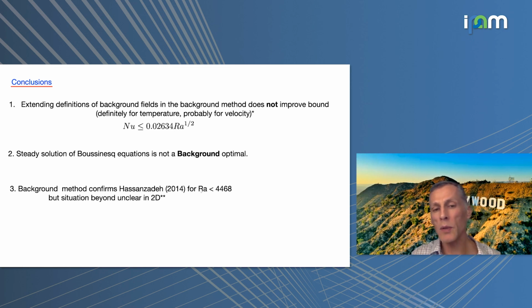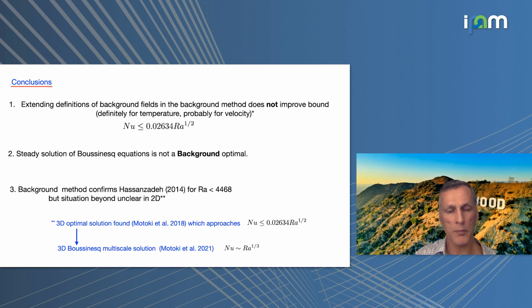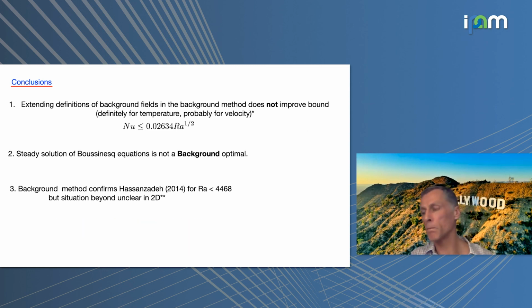But beyond the situation where multiple wave numbers come in, the situation is unclear because, as I say, the background method lifts off the stationary point, which is what Hazen-Zadar are trying to find. And I'll stop there. Happy to take questions.